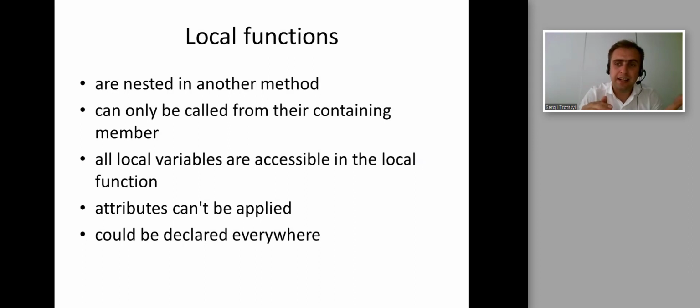However, it has access to all instance variables, static variables, and the parameters of the function which defines this local function. Attributes cannot be applied, and it could be declared everywhere, like a finalizer, constructor, getter, setter, or maybe a lambda expression, anonymous function, and so on.